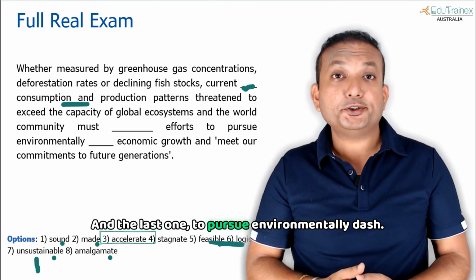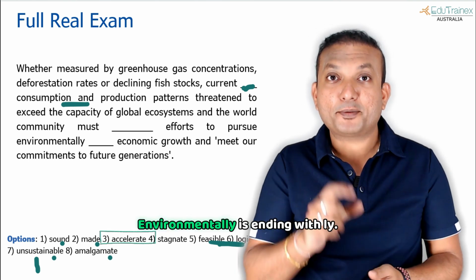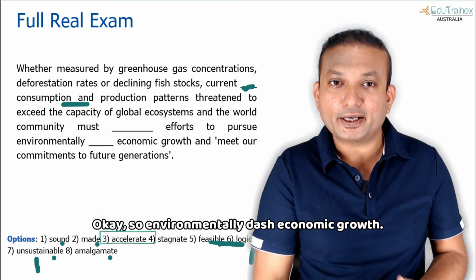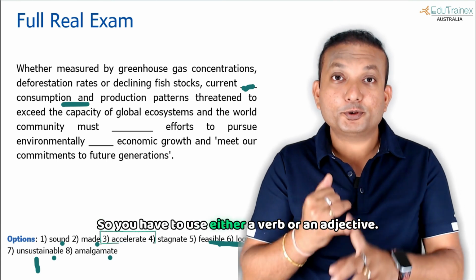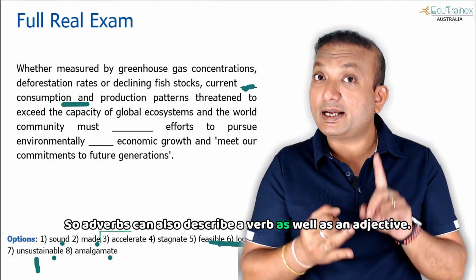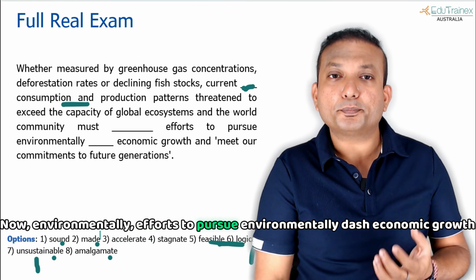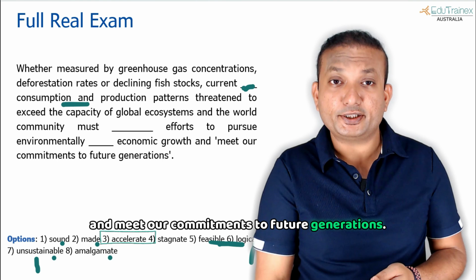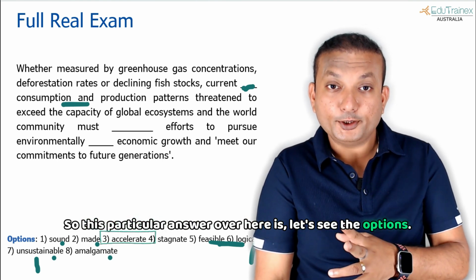And the last one, to pursue, environmentally dash. Environmentally is ending with ly, and this is an adverb. Okay, so environmentally dash economic growth. So you have to use either a verb or an adjective. Adverbs can describe a verb as well as an adjective. Now, efforts to pursue environmentally dash economic growth and meet our commitments to future generations. Let's see the options.